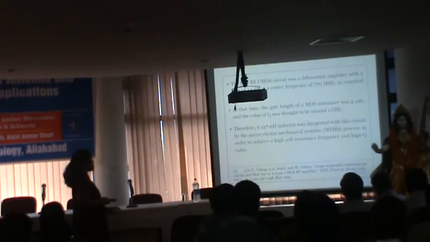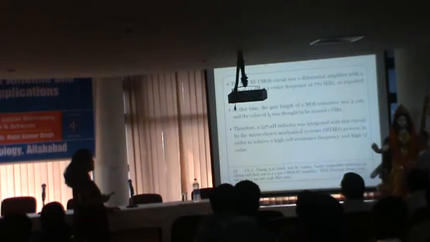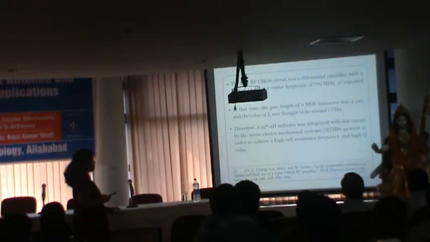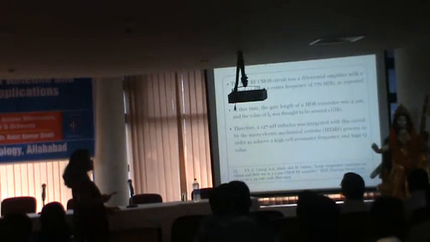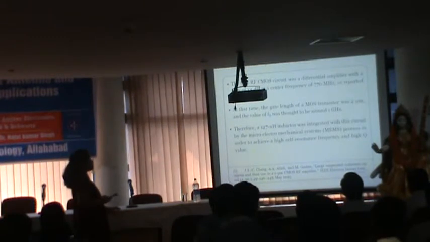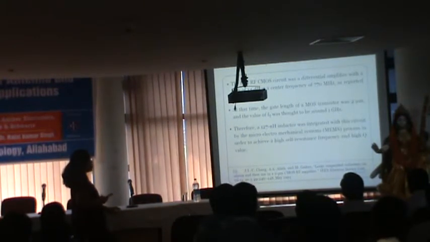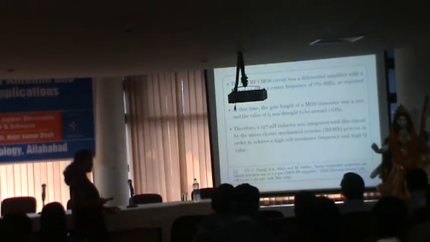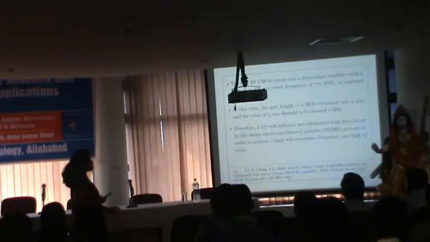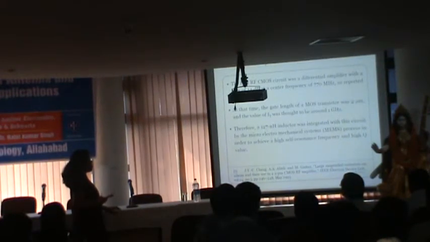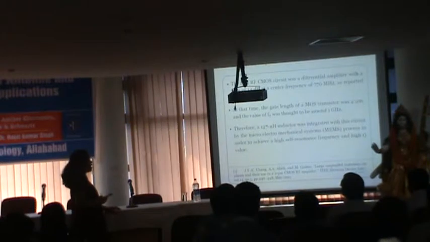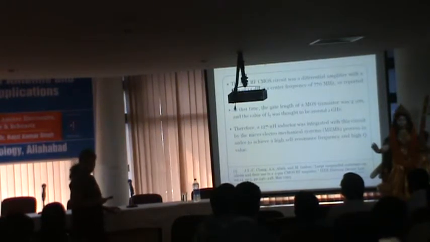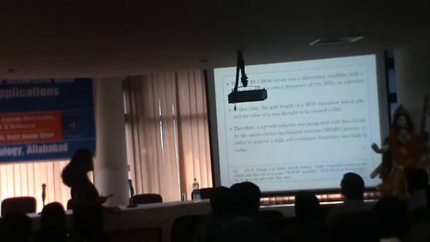This is the very first time, in 1993, they reported an RF CMOS circuit, a differential amplifier with a gain of 14 dB at a center frequency of 770 megahertz. That is where people started thinking: if we are able to achieve this much center frequency and this much gain, then can we design other circuits also using CMOS technology?